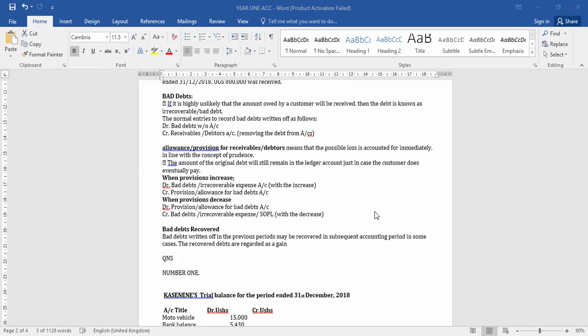You get the difference, how much you provided in the previous year plus the additional, to get the decrease and an increase.